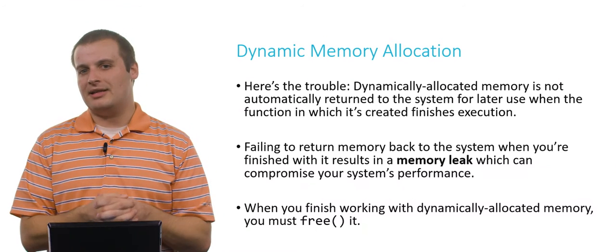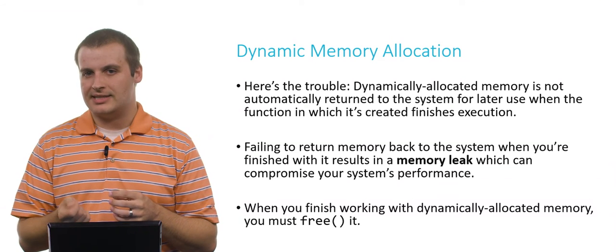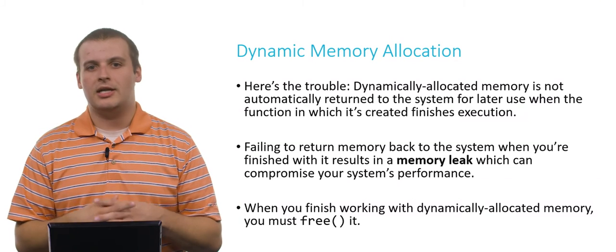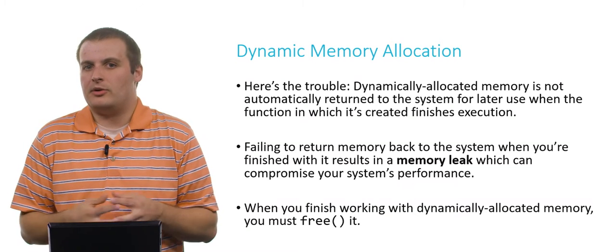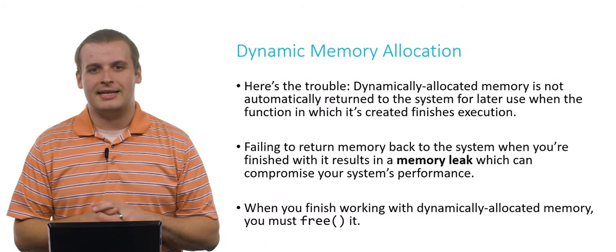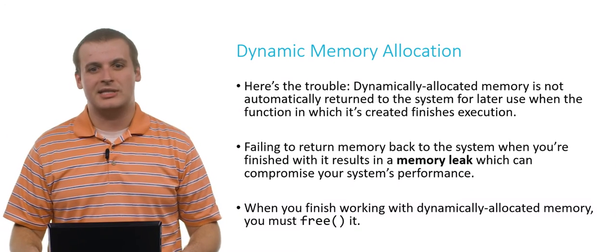If you dynamically allocate memory, though, you have to explicitly tell the system that you're done with it. It'll hold on to it for you, which could lead to a problem of running out of memory. In fact, we sometimes refer to this as a memory leak, and sometimes these memory leaks can actually be really devastating for system performance. If you are a frequent internet user, you might use certain web browsers, and I won't name names here, but there are some web browsers out there that are notorious for having memory leaks that don't get fixed.